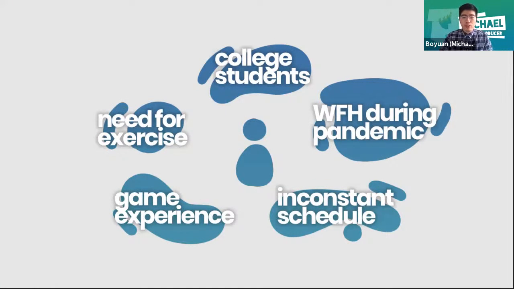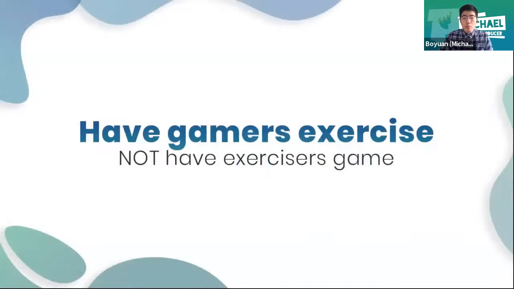In our mind, they are 20 to 25 year old college students working from home during this pandemic. They usually have a constant daily schedule, have gaming experience, and are in need of exercise whenever they have the time. More importantly, instead of bringing exercisers to gaming, which those existing products are already doing, we aim to bring gamers to do more exercise.